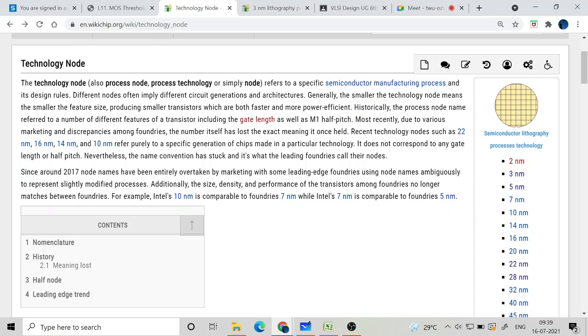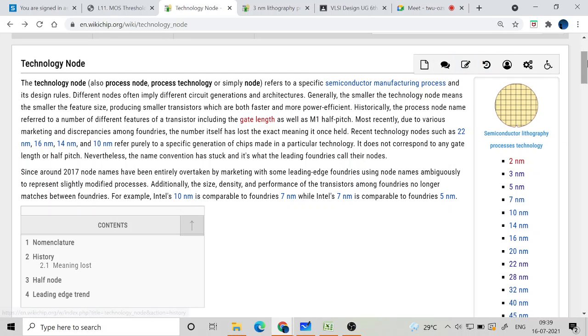So lithography is basically a pattern transfer process step. There are various process steps like diffusion, ion implantation, growth of the layer, deposition of the layer, etc. But to transfer the pattern, we use what is called lithography.